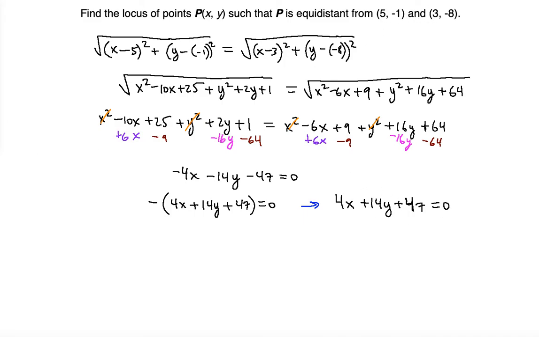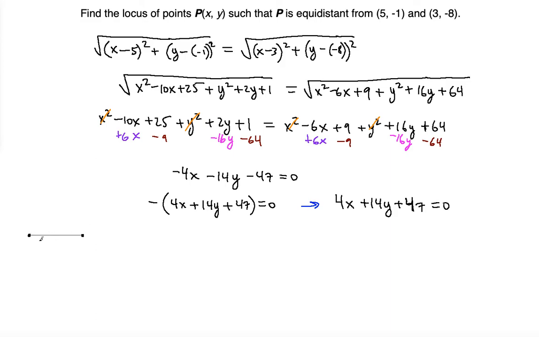So for example, let's analyze what that means. If we have 2 points on a line segment like this, suppose that this is (5, -1) and (3, -8). And please don't quote me because I'm not drawing the exact line segment connecting these 2 points. I'm just drawing conceptually what this means.